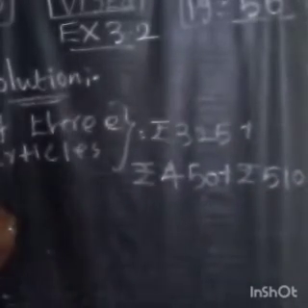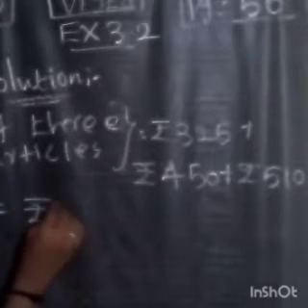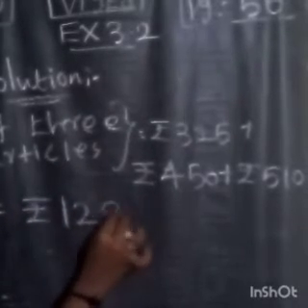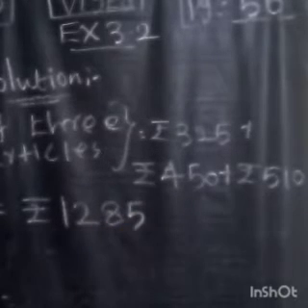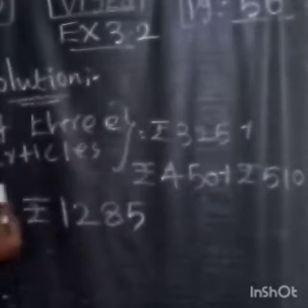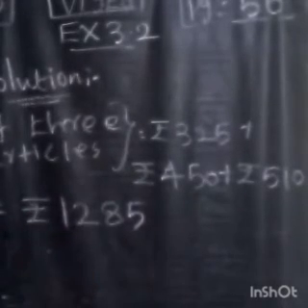Okay, so we get rupees 1285. So the cost price of 3 articles is rupees 1285.